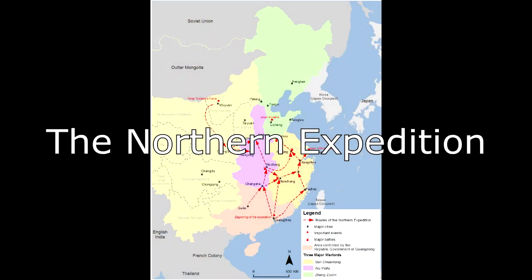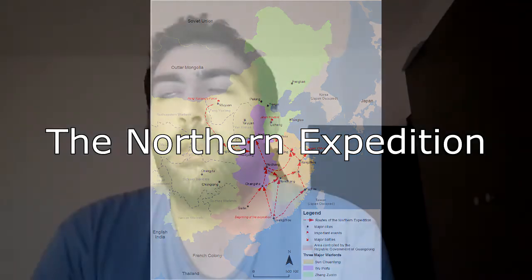So, the Northern Expedition is launched in June of 26, and this is their, I guess you could say, push to eliminate the warlords. The problem is the GMD and the CCP start having internal differences. See, the GMD was nationalistic and somewhat left-leaning.